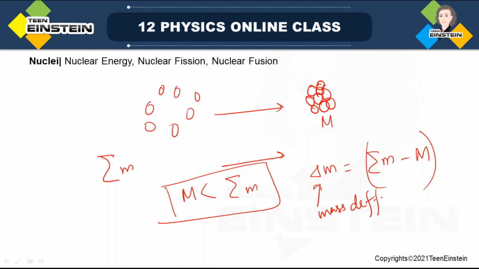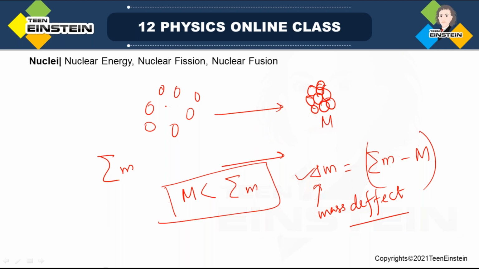Mass defect. So what does this mean? Why am I writing this here again? I just wanted you to recap the concept of how binding energy is arising. Binding energy is arising because of this mass defect.